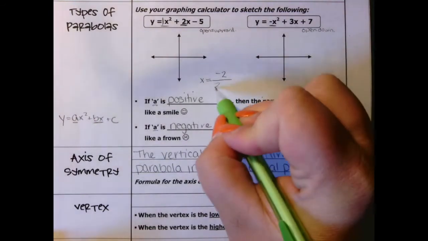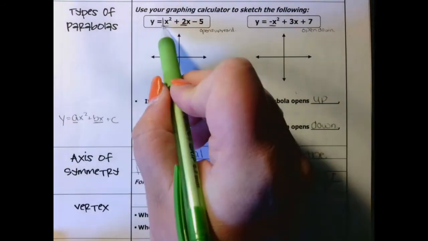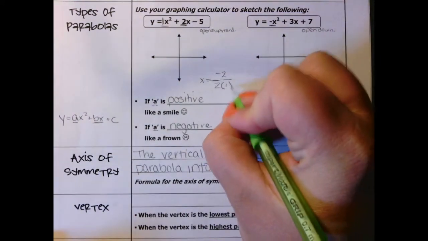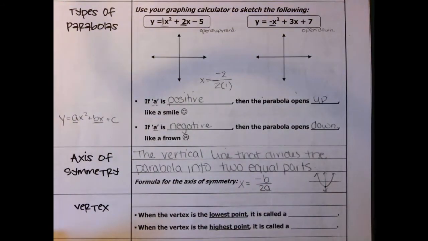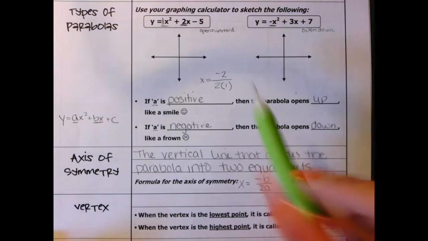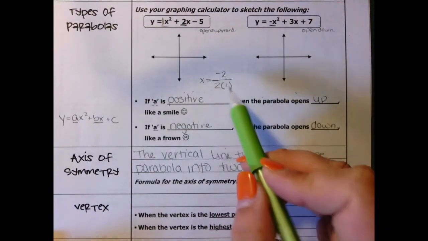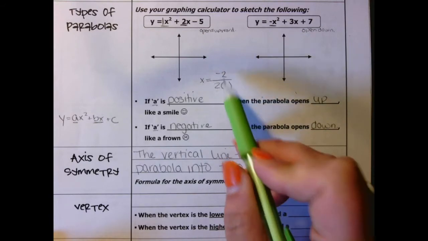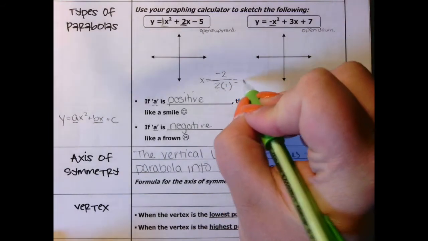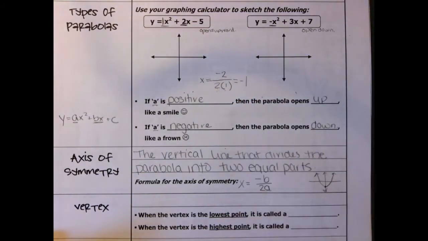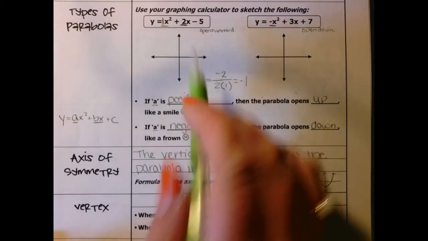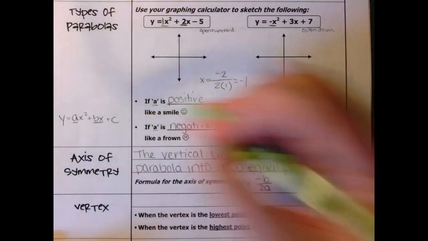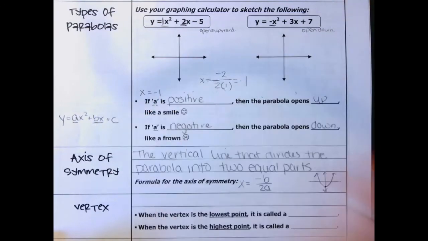In this case, my a is 1, so 2 times 1. And I'm just going to solve this. In the denominator, this is just 2. So negative 2 divided by 2 is going to give me negative 1. So my axis of symmetry for this problem is going to be at x equals negative 1.